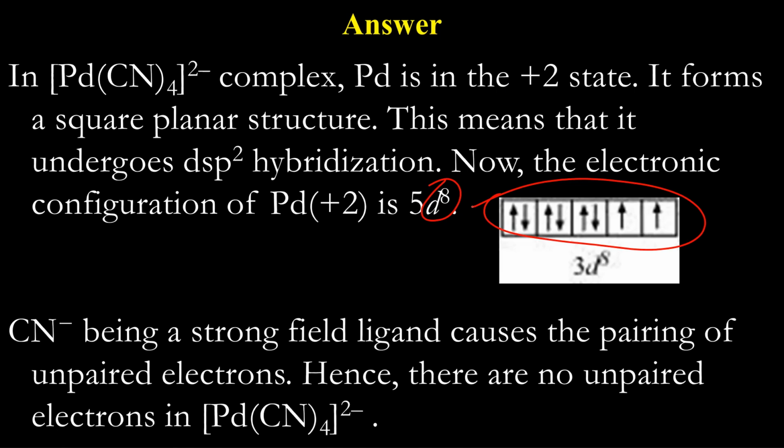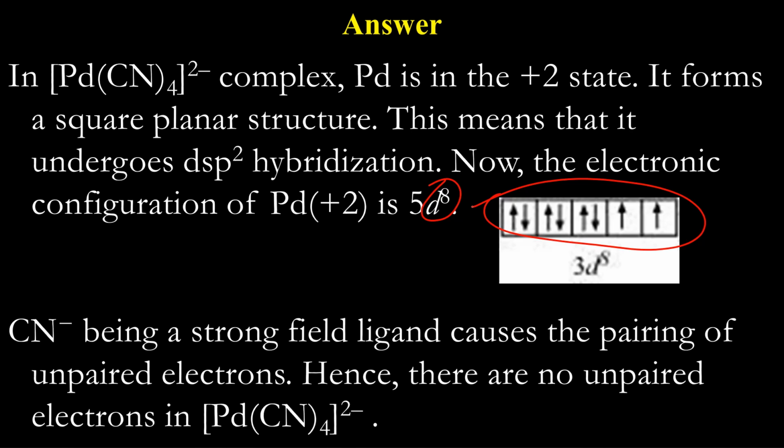There are very few transition elements which form the complexes we are talking about. Normally you might see that we are talking about cobalt, chromium, iron, palladium. So you need to remember these configurations specifically. So the d8 configuration is there, and CN is a strong field ligand.